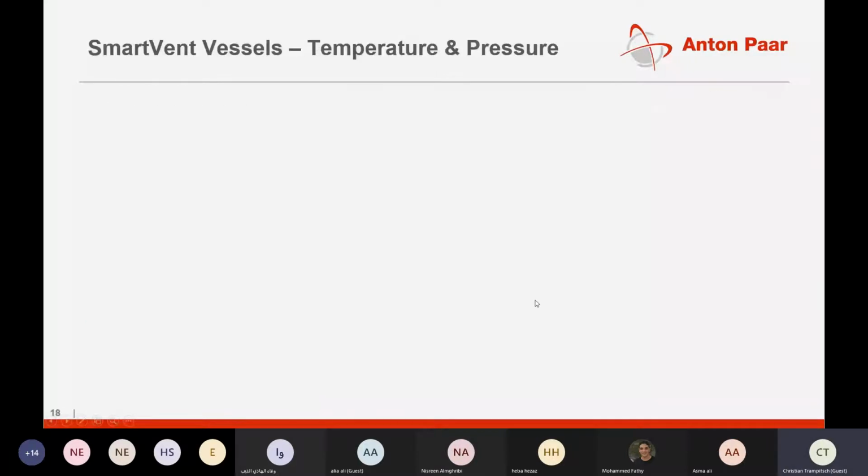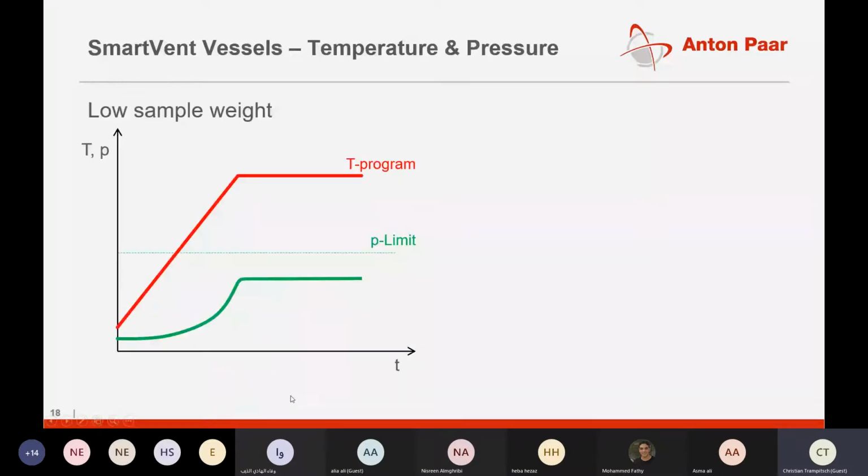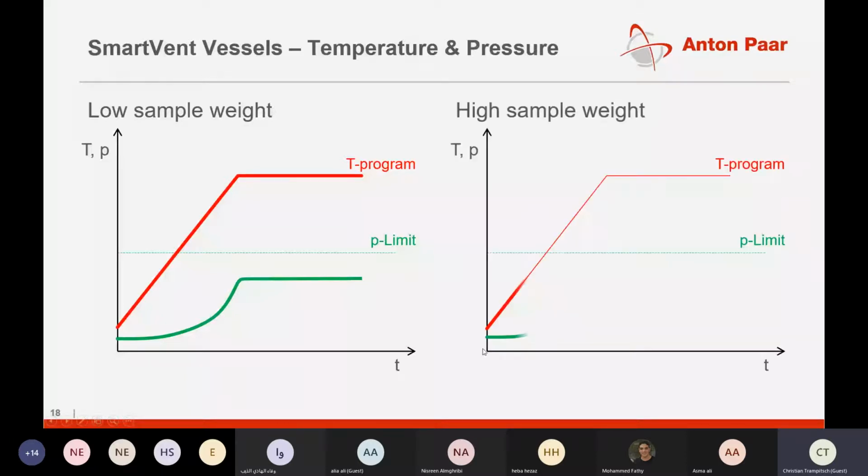How would that look? With a small sample weight, it looks the same as for a standard closed vessel. We are reaching the temperature and we do not vent. If we increase the sample weight, then again we will reach the pressure limit before we have reached the desired temperature.